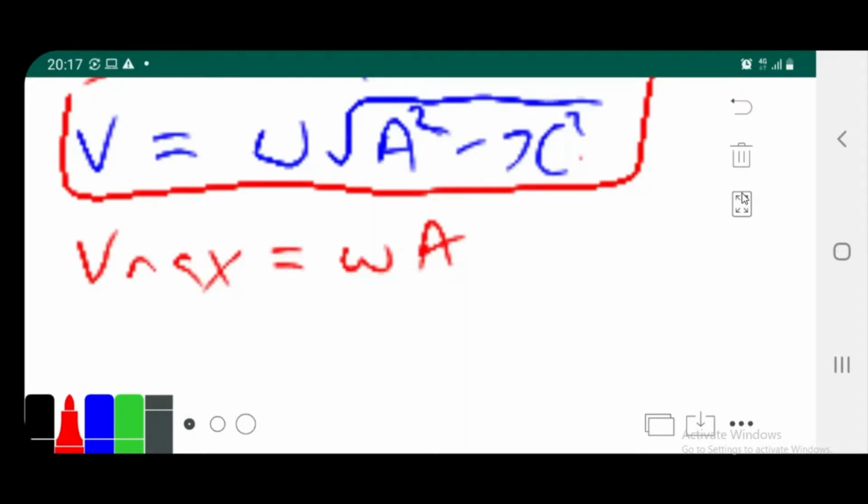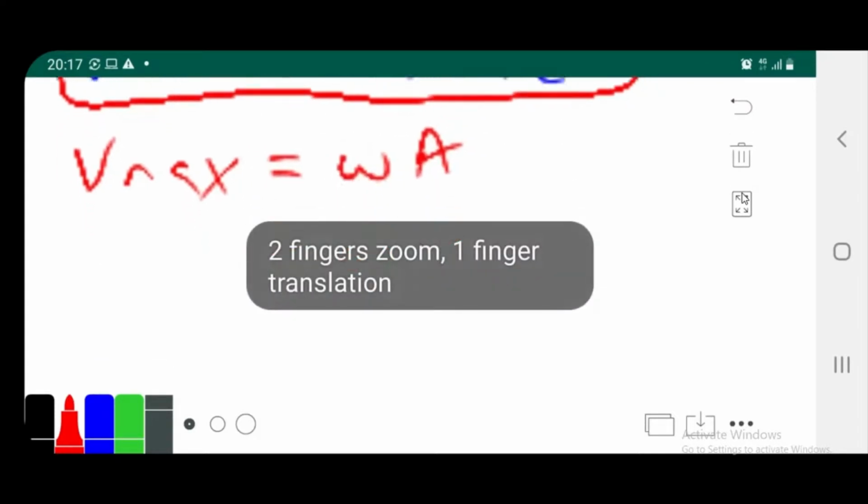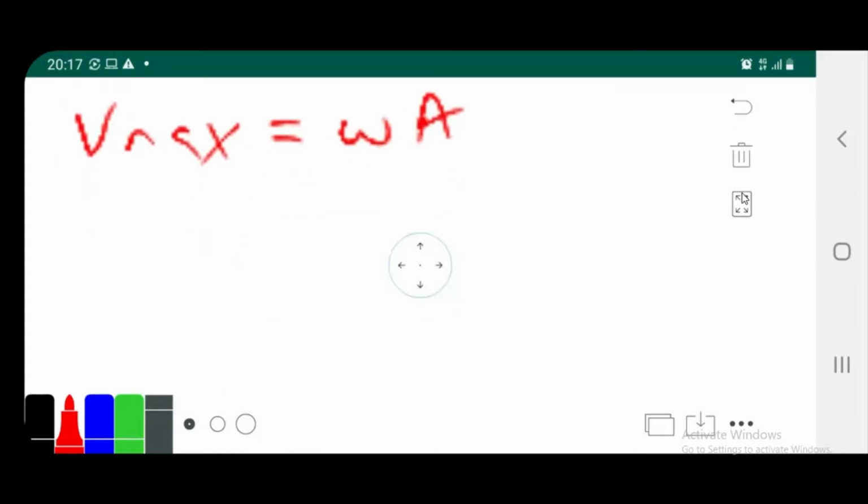Correspondingly, I can take that a step further and talk about the total energy of the system. When the particle is in the equilibrium position, it will be travelling at its maximum kinetic energy. It will not have any gravitational potential energy if it's a pendulum, and it won't have any elastic potential energy if it's a spring. It'll all be kinetic energy.